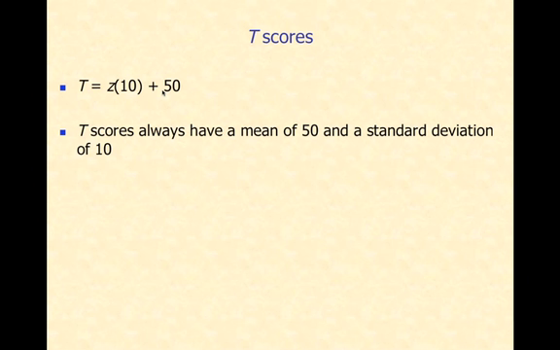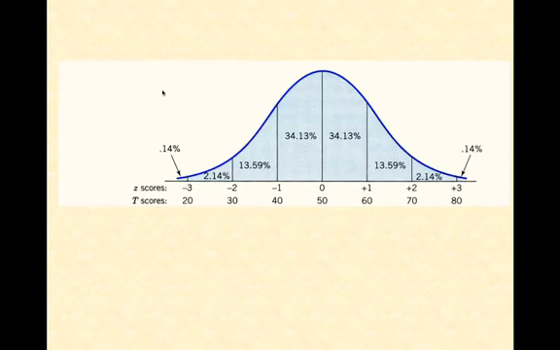And what it does is, instead of having 0 as its balancing point for the average, it has instead the score of 50. And it's stuck with a very simple standard deviation as well. It's always 10. So if we look at this, we see now we have z-scores. Z-score of 0, of course, is 50, plus 1.